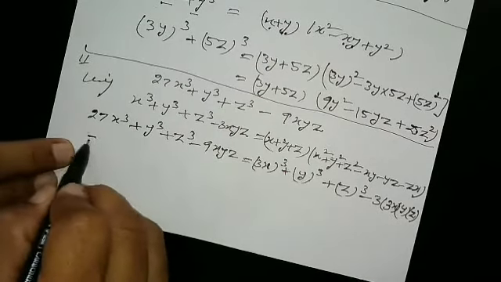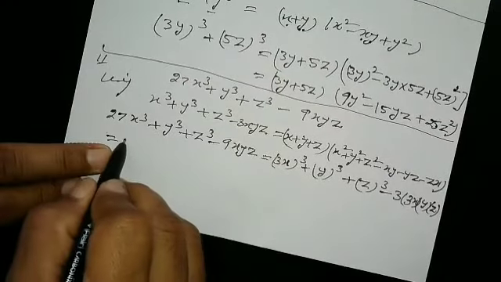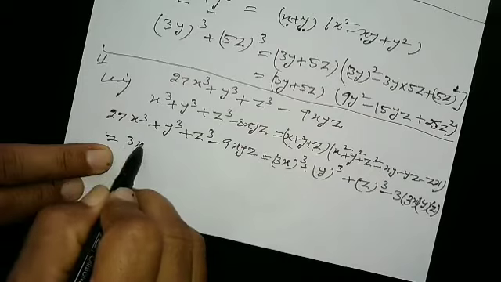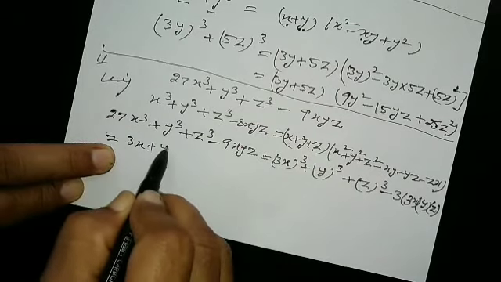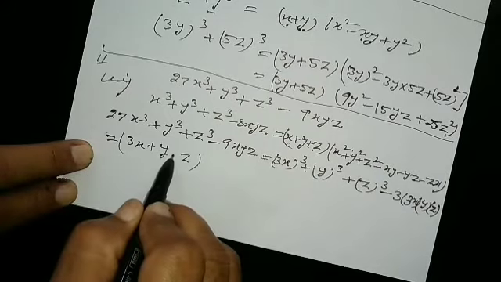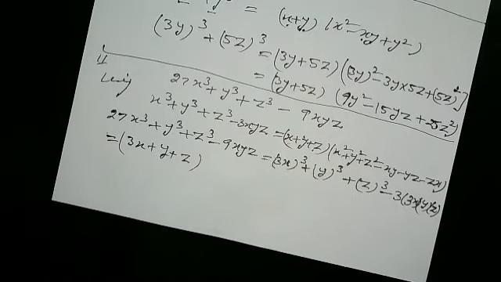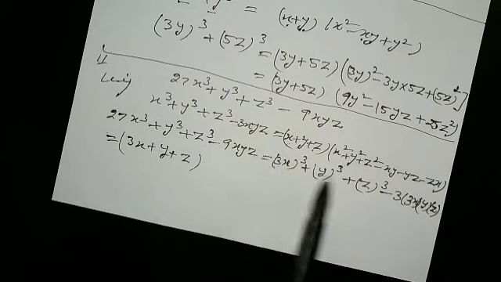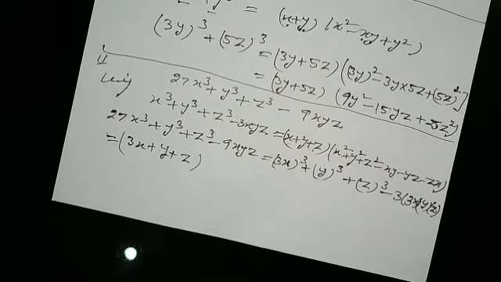So this can be written as first plus second plus third. First 3x, second y, and third z. Okay, so you can be confused by the sign, be okay to that.